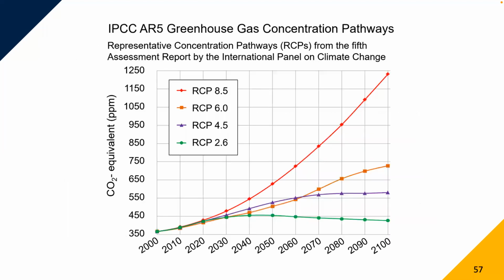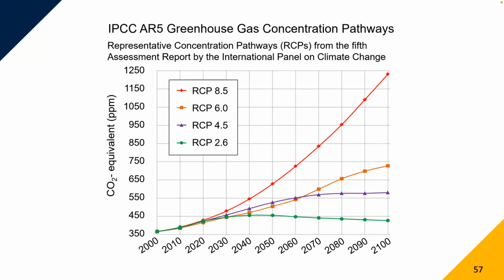So one of the big things that they do is they look at these greenhouse gas pathways. So representative concentration pathways, 2.6 to 8.5. This is an indication of the increase in radiative forcing due to climate change.